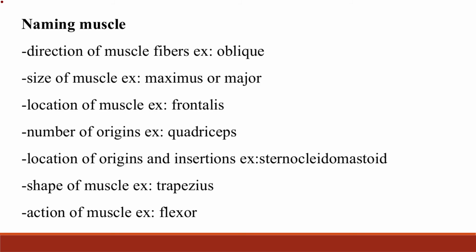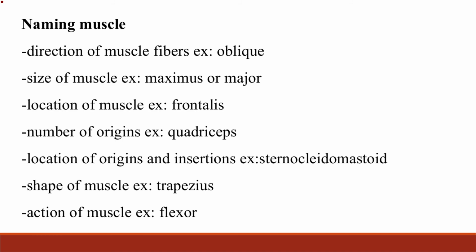Number of origins: quadriceps, triceps, biceps. Location of origin and insertion, so the points of attachment: sternocleidomastoid. The sternocleidomastoid attaches to the sternum, it attaches to the clavicle and the mastoid process of the temporal bone. Sternocleidomastoid, those are the points of attachment. Shape of the muscle: trapezius.